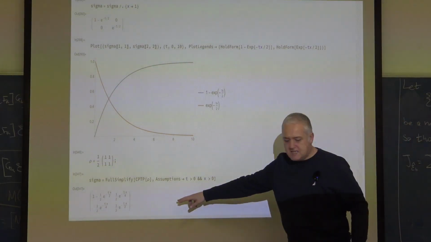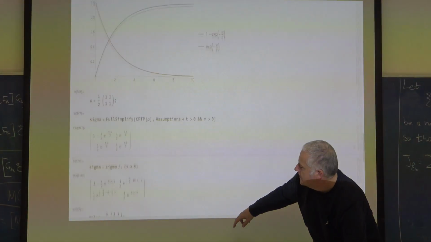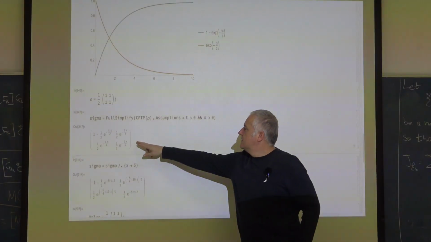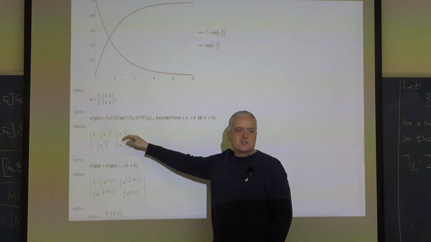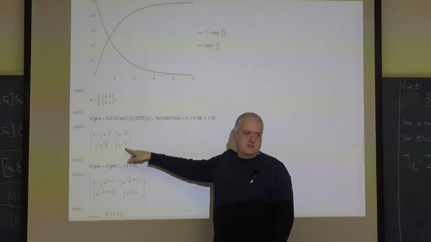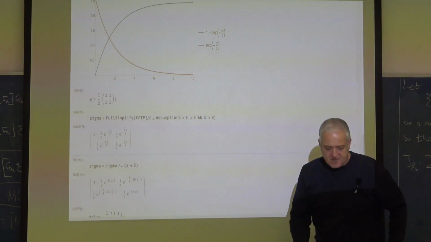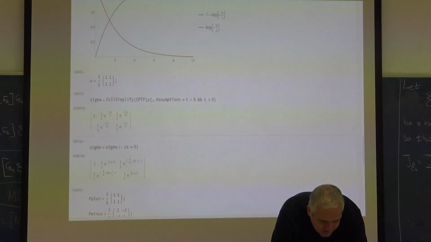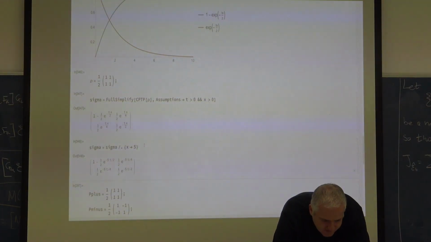So as you can see, we have the coherences also decay, but they decay quadratically slower than the populations. Okay, and let me now also fix this.